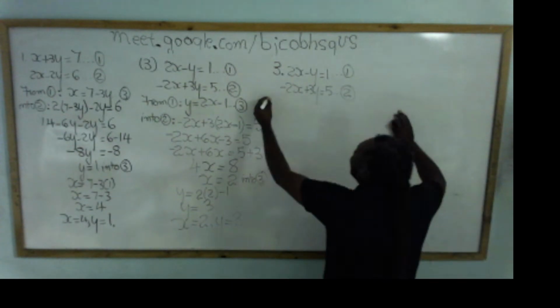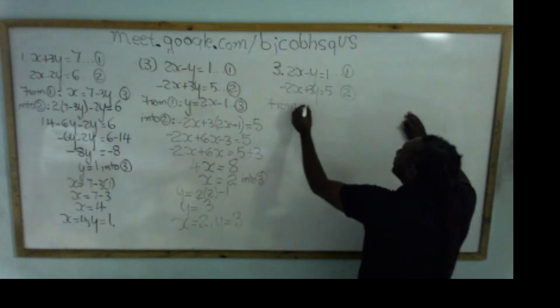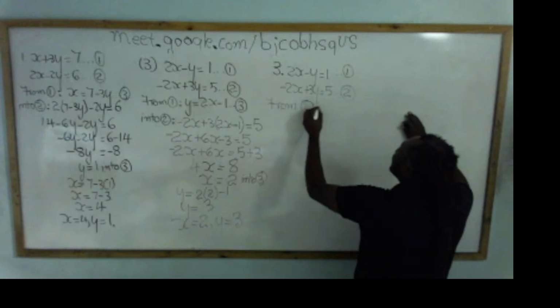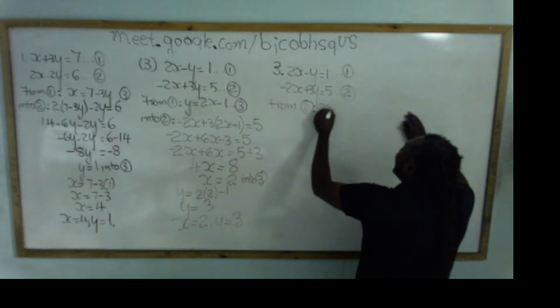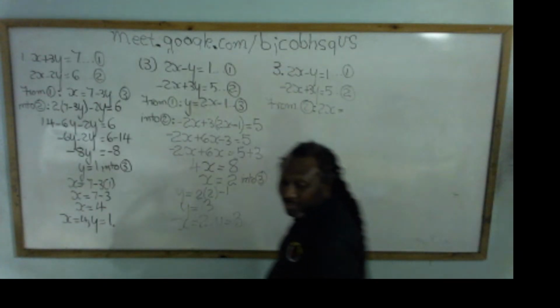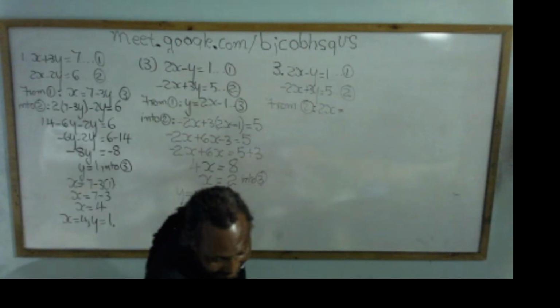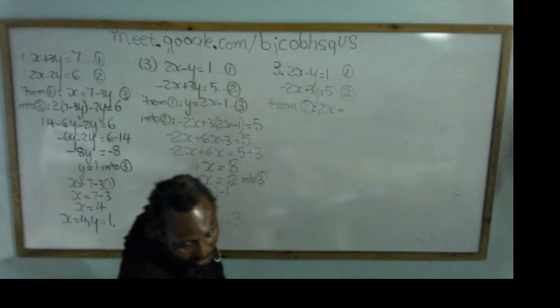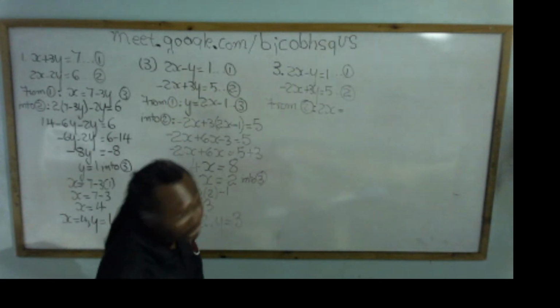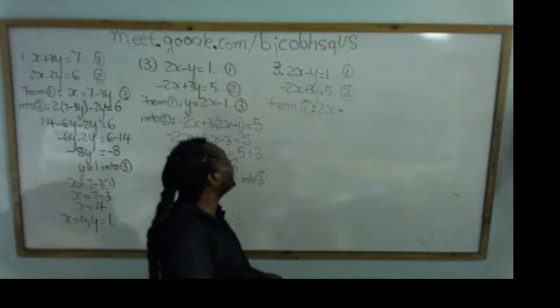So let's see what you can say about this one, students. From equation 2, 2x equals... I'm going to write it over because it's going to go inside here. From equation 2, 2x is equal to what?